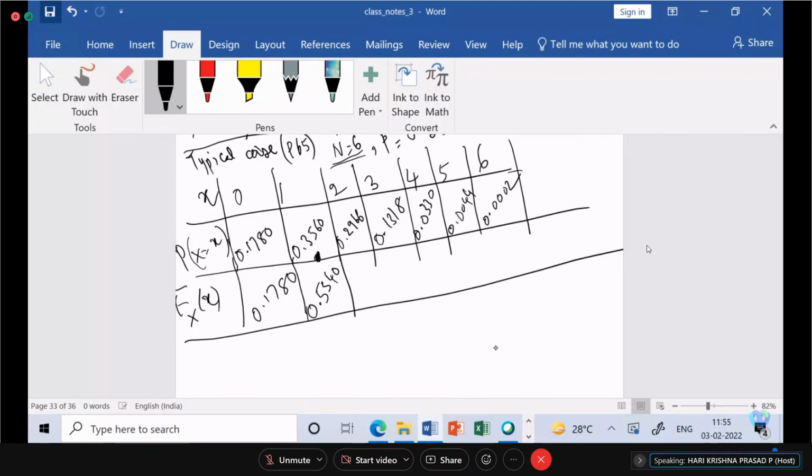The next entry for this row is 0.8306. Next entry is 0.9624. So like this the values appear. 0.9998. At the last, I missed one value, right?